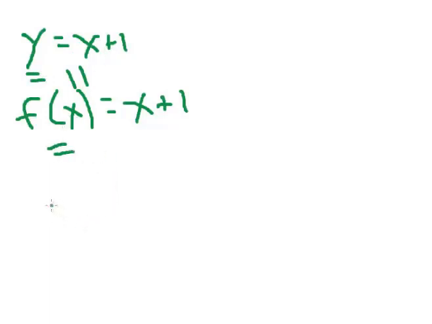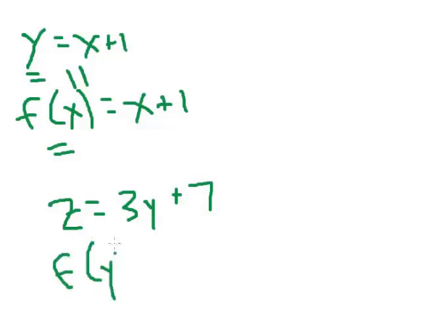If you had, for example, z equals 3y plus 7, it would be just z is a function of y. When y changes, z changes too. And so it would be just as correct, for example, to say f of y equals 3y plus 7, because whatever this term is, it's a function of y.